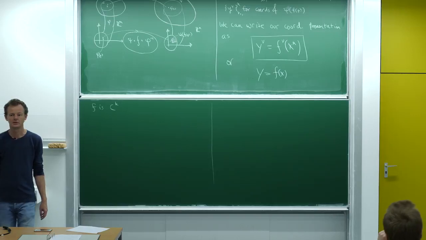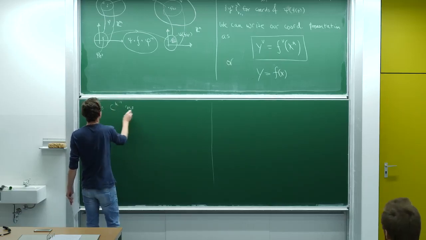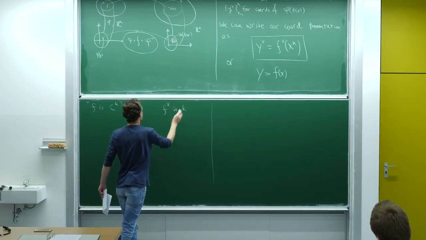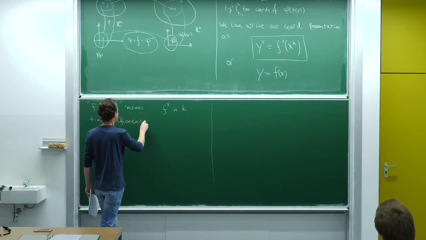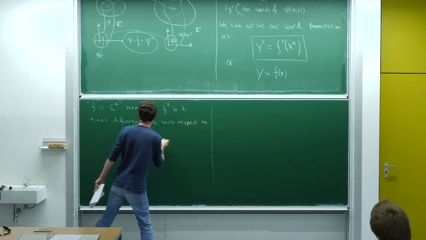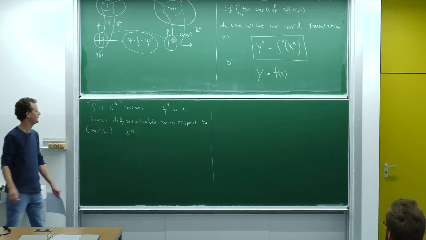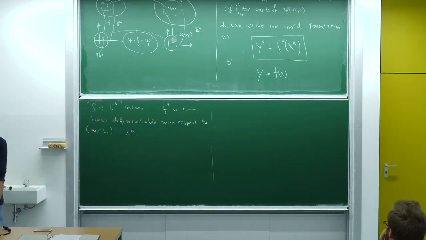So f is C^k means, all right, we have a map between two manifolds.